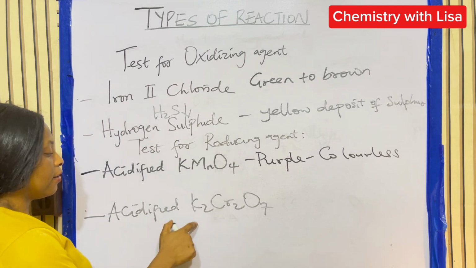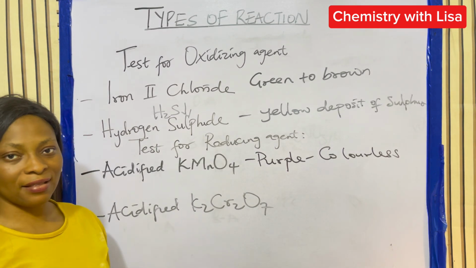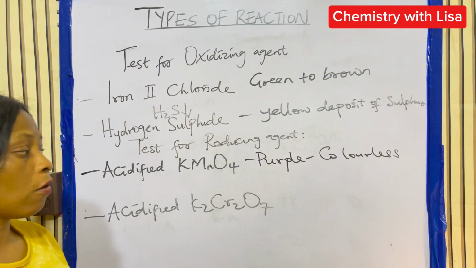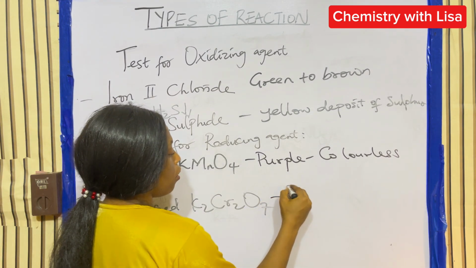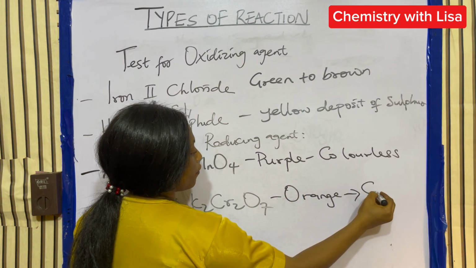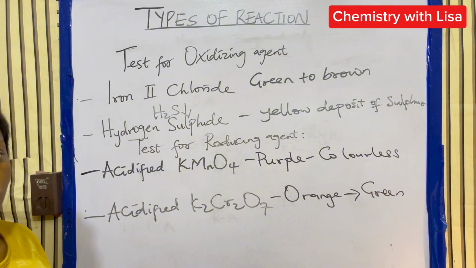Then acidified potassium heptaoxodichromate 6. When you use this substance to test for a reducing agent, the color is going to change from orange to green.